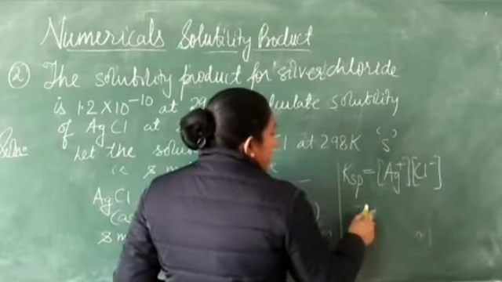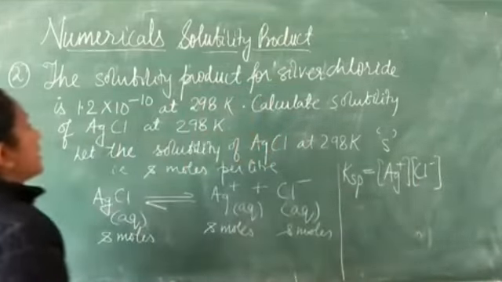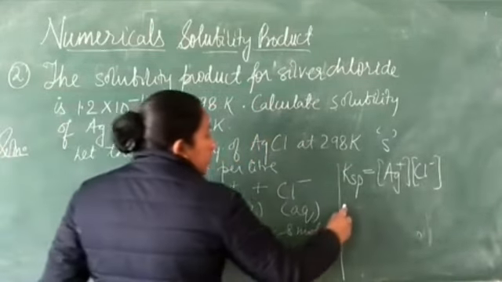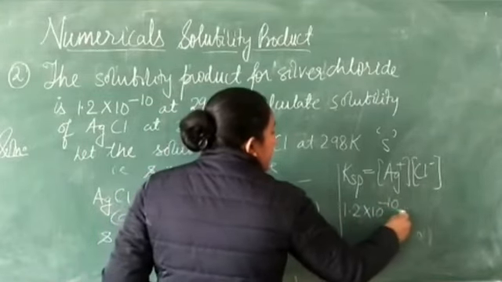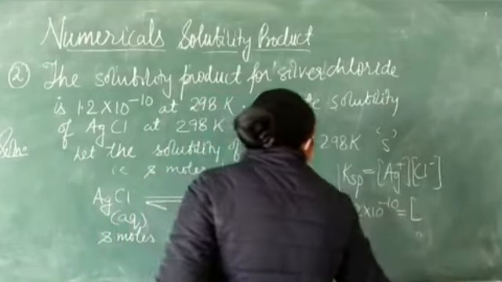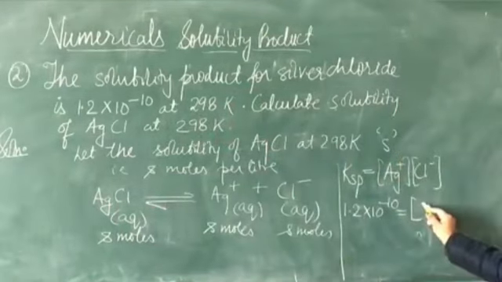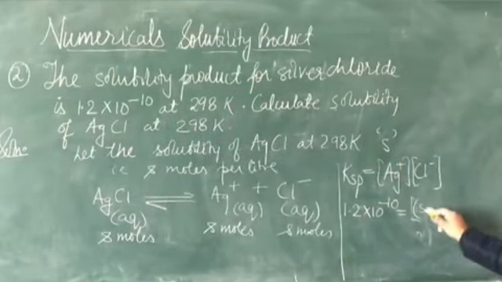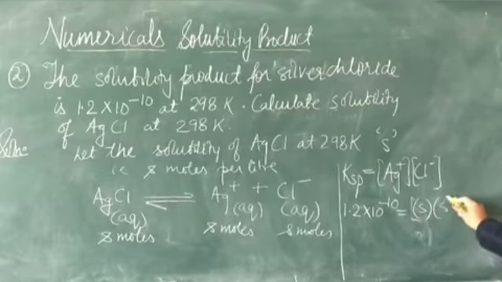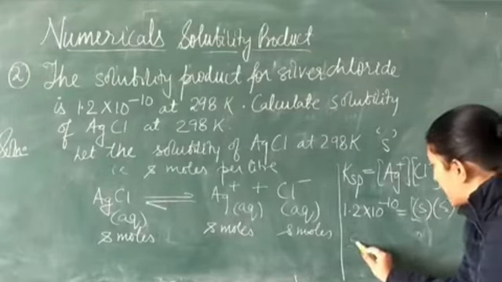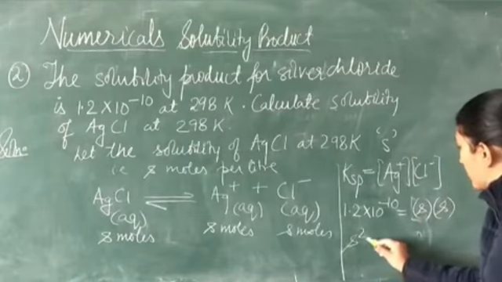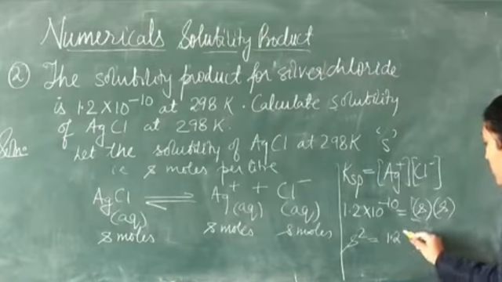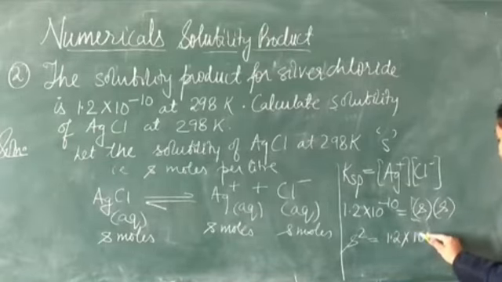KSP is given to us, it is 1.2 into 10 raised to power minus 10, equals Ag plus, which is S, and Cl minus, which is also S. So we are getting S square equals 1.2 into 10 raised to power minus 10.